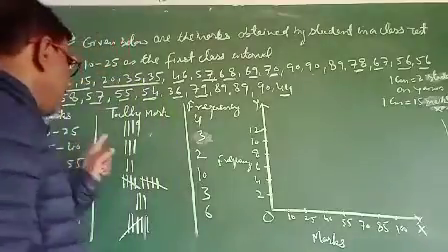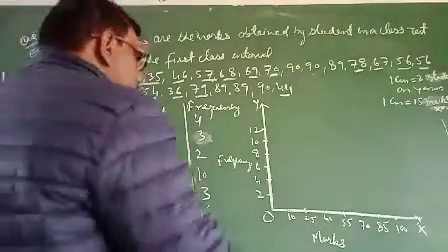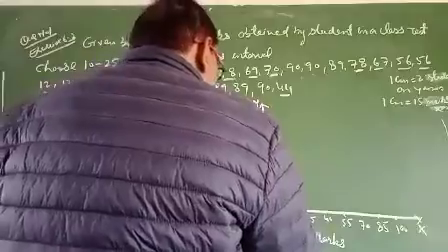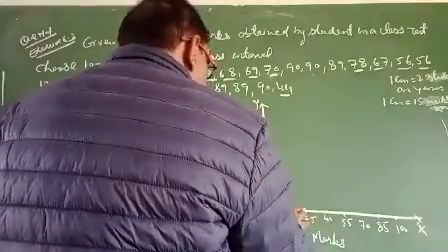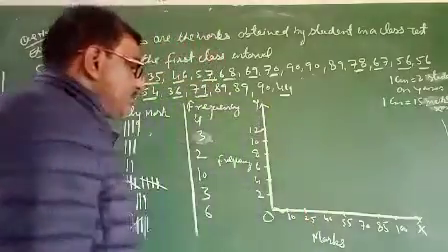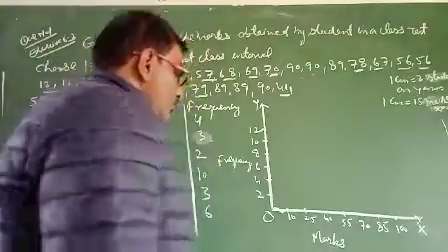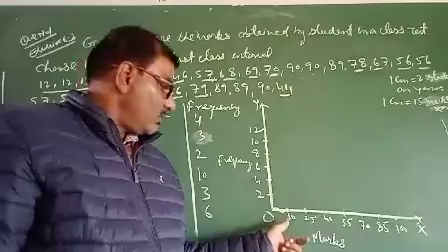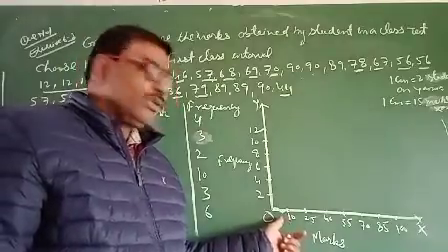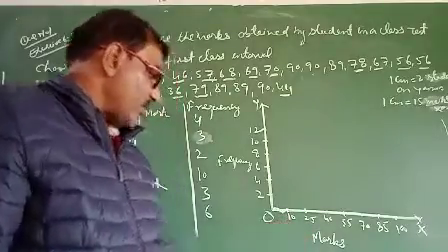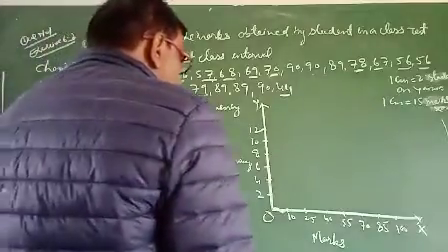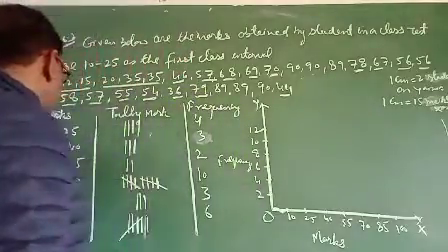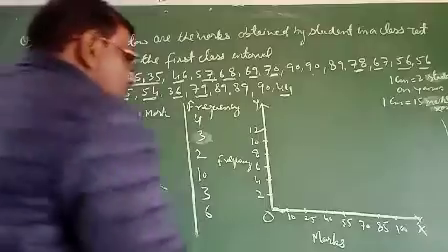Now you see that marks 10 to 25 were obtained by 4 students. Therefore, here will be 10. This is called a kink, because no students got marks between 0 and 10. So here will be a kink mark. So marks 10 to 25 obtained by 4 students.